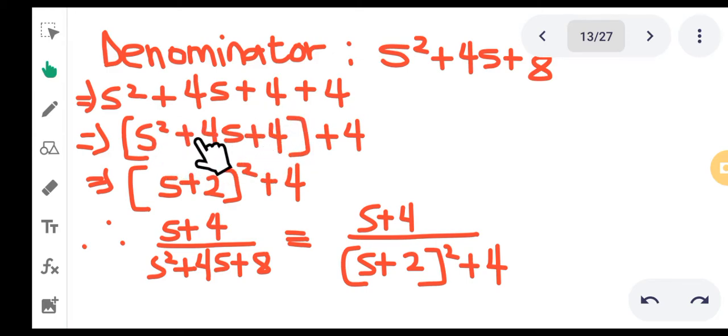So here s squared plus 4s plus 4 now becomes very simple with a simple quadratic root, and this one can be written as s plus 2 all square, plus the 4. Okay, then it makes our solution very simple. So you are going to get s plus 4, and now the denominator will turn to s plus 2 all square plus 4. Okay, so we are coming to find the Laplace inverse of this.